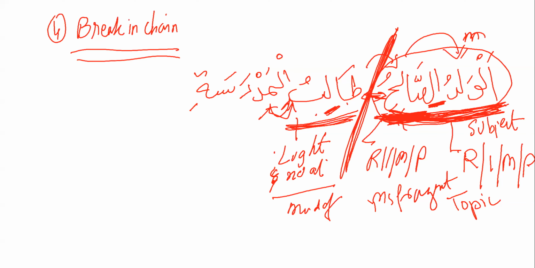Yes, it is mudaf. And we still are not 100% sure if it's mudaf or not because we have to analyze the ism coming after it. Now we know that when a light and no al ism is followed by an ism in the jar status, that ism is mudaf ilay.